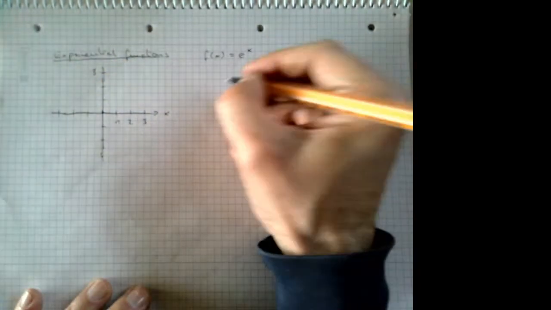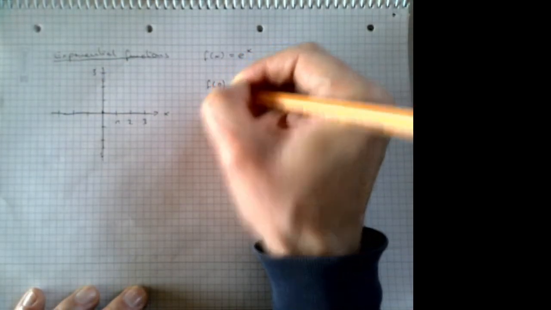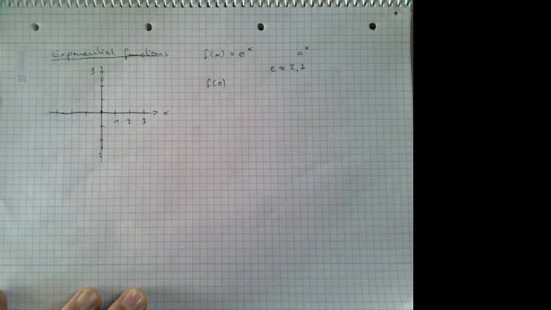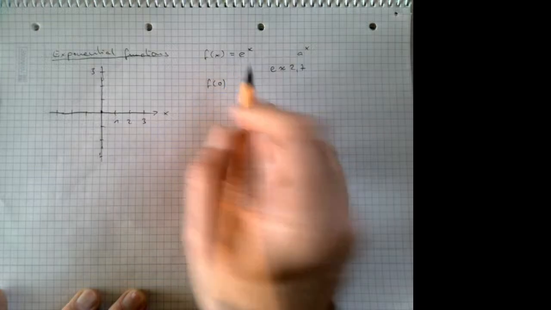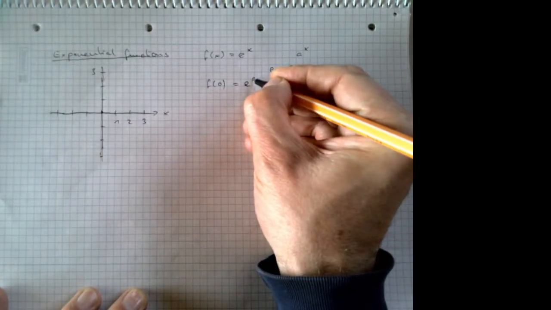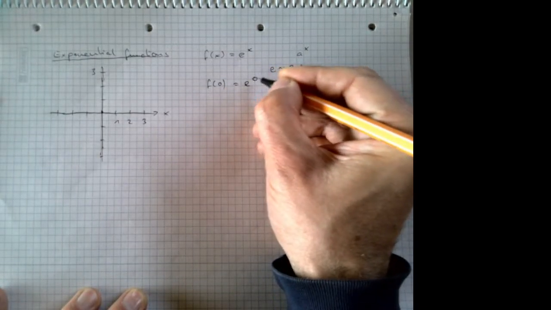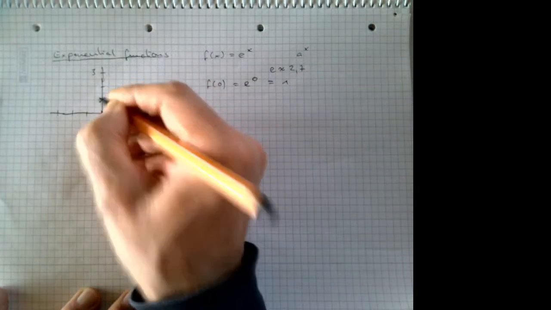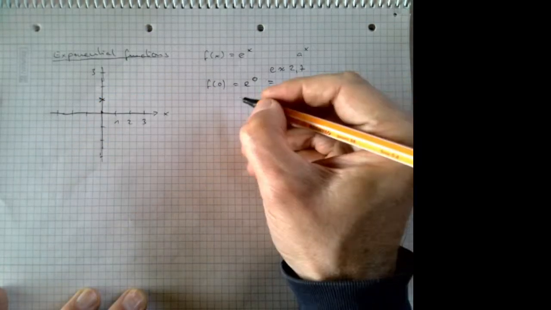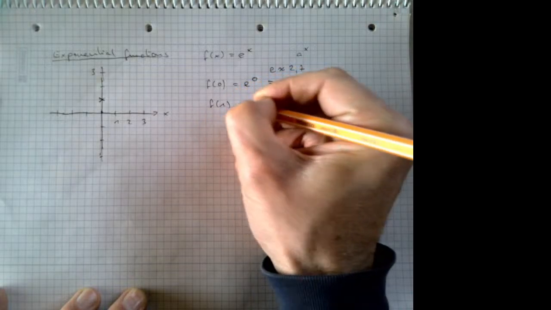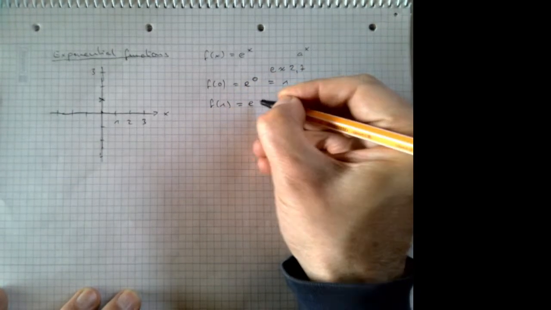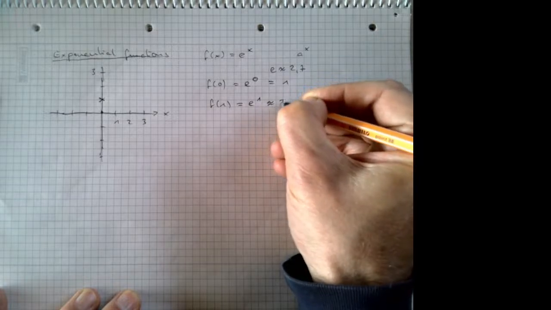So first of all, what is f of 0? 1, right? It's e to the power of 0. Any number to the power of 0 is 1. It's this point. What is f of 1? It's e to the power of 1, which is approximately 2.7, right?